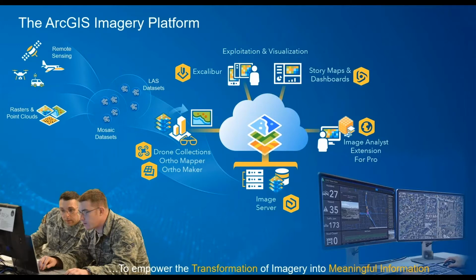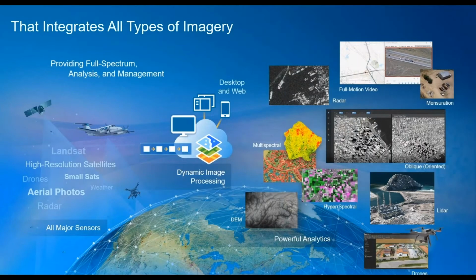Something that's key there in the middle is the work that we've done around Pro and the Image Analyst extension for Pro. These are the heavy lifting tools when it comes to imagery in the ArcGIS platform. And we'll cover that in a little more detail. As a matter of fact, that'll be part of the next presentation about how we use Pro to bring this all together to make it a very quick and easy solution for the vast majority of image analysts out there.